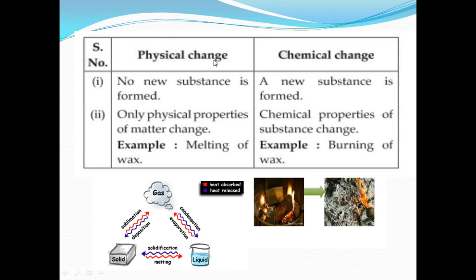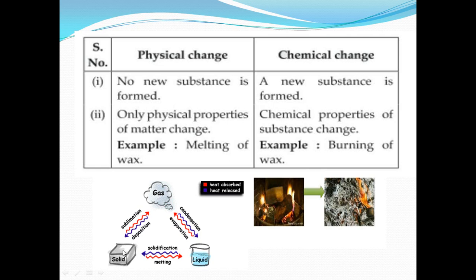What is physical change and what is chemical change? We said that physical change, number one, no new substance is formed. How can we describe the physical change? Simply, if you have a piece of ice, then you leave it to melt, so it changes into liquid.